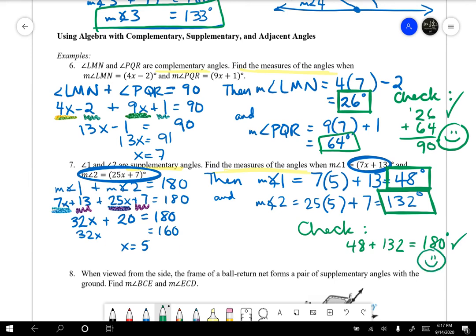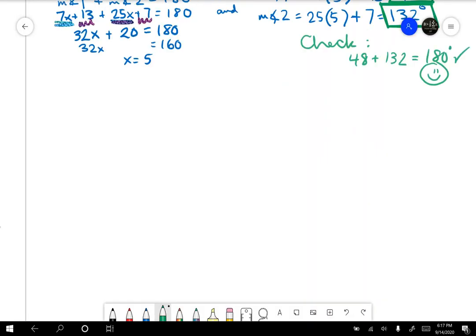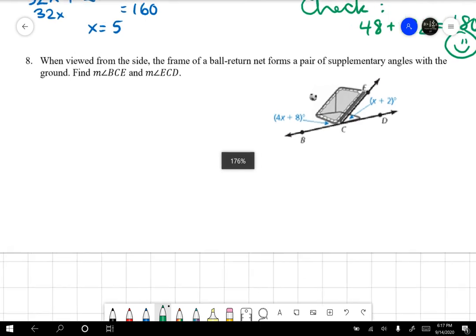Congratulations. So we did a complementary, we did a supplementary, now we're going to do one more. And I imagine that's probably going to be adjacent, if I can scoot it up here. Oh, too far. That's okay. So there we go.